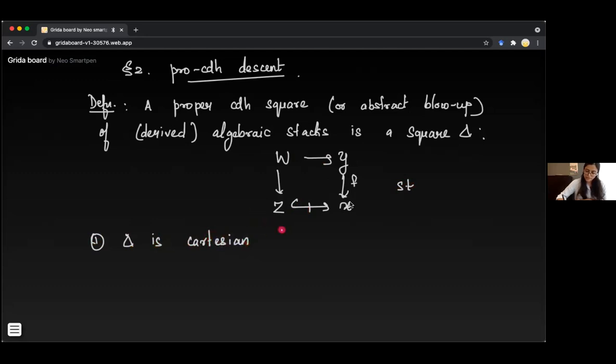In the case of derived stacks, you have to assume only that it's Cartesian on the classical underlying stack, so on classical truncations. And f is a representable and proper morphism.